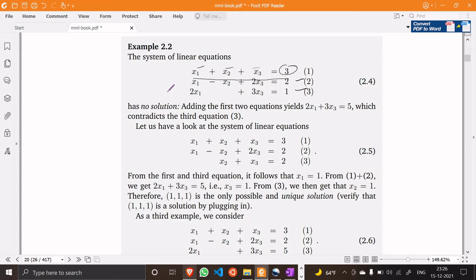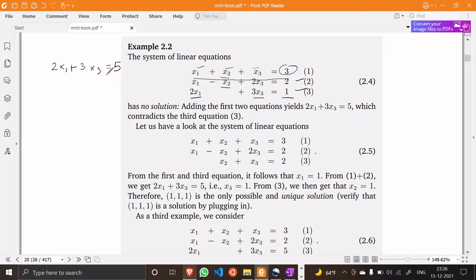Now when we look at this particular set of equations, we see that when we add equation number 1 and equation number 2, we get 2x1, the x2 gets cancelled, plus 3x3 equals 3 plus 2, so this becomes 5. And our third equation says 2x1 plus 3x3 equals 1.